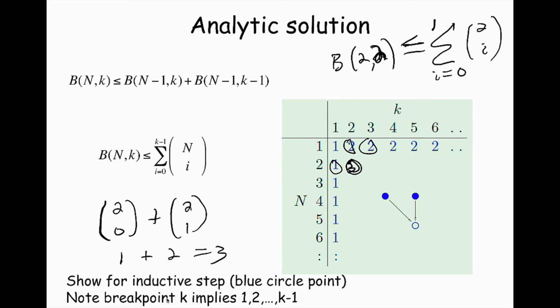So if we have this expression for b of n, k, you write the summation, but when you write the summation, you're going to write it substituting n minus 1 here. So you're going to substitute this summation, and you're going to write n minus 1 choose i and k minus 1 up here.